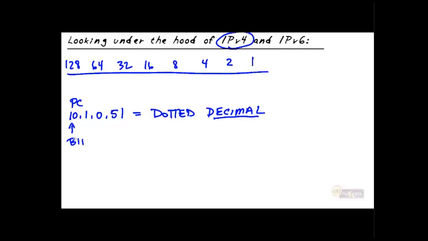I'll write down that the PC, meaning the computer, looks at it as binary, meaning the 10. The whole reason we use dotted decimal is to make it simple for humans, but the computer is actually using a binary number.